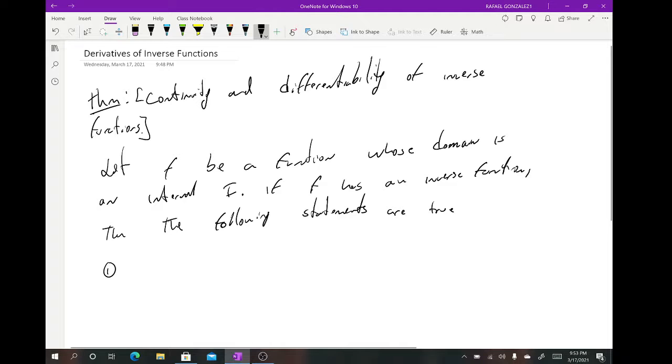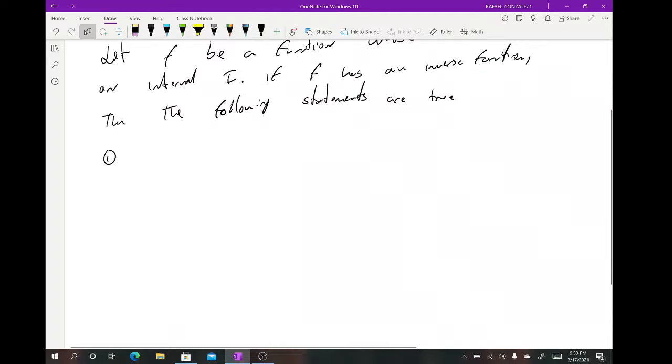Number one is that if the function f is continuous on its domain, then the inverse of f, f inverse, is also continuous on its domain.